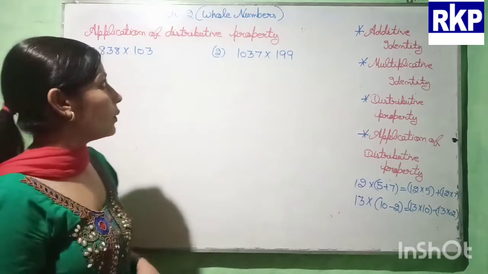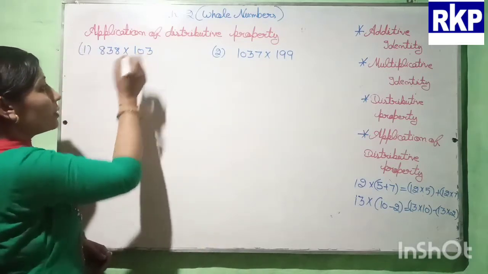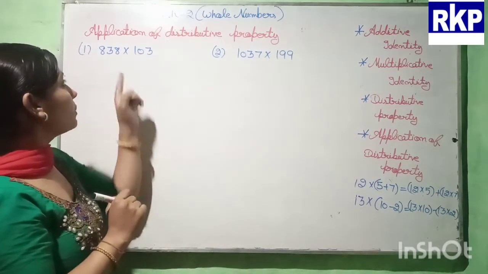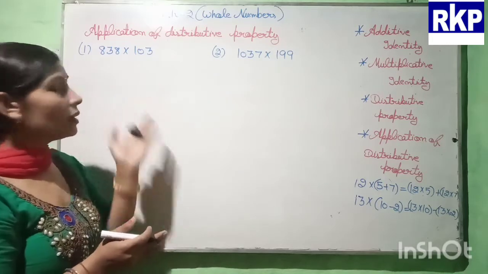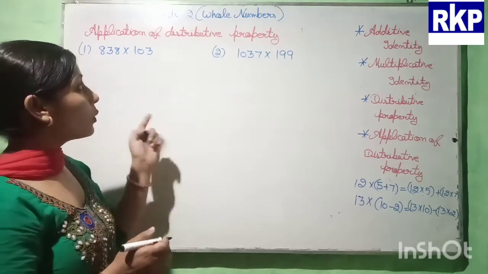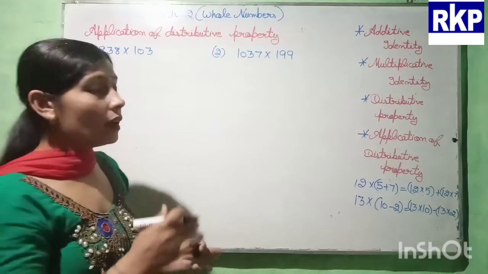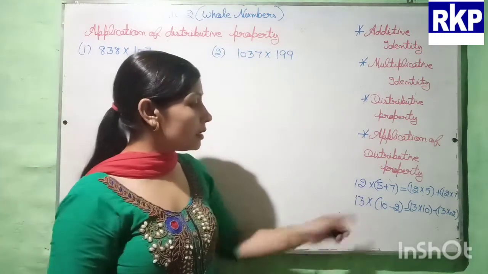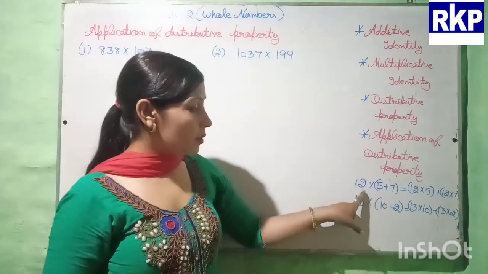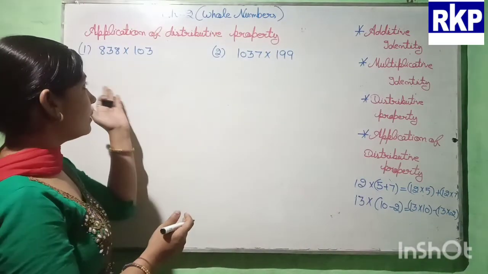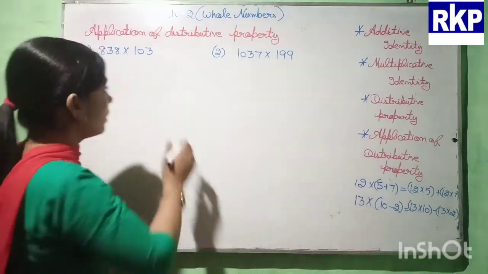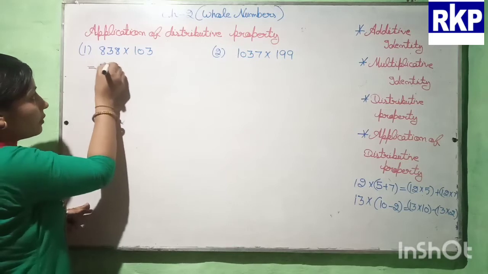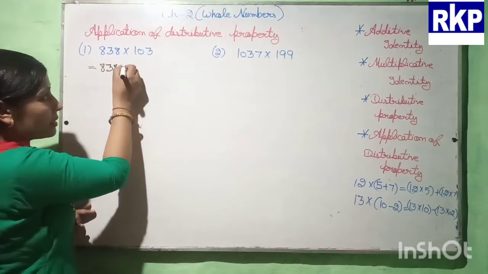Now let us multiply 838 with 103. According to distributive property, the numbers should be written in this form. So first, beta, we will write 838 as it is.